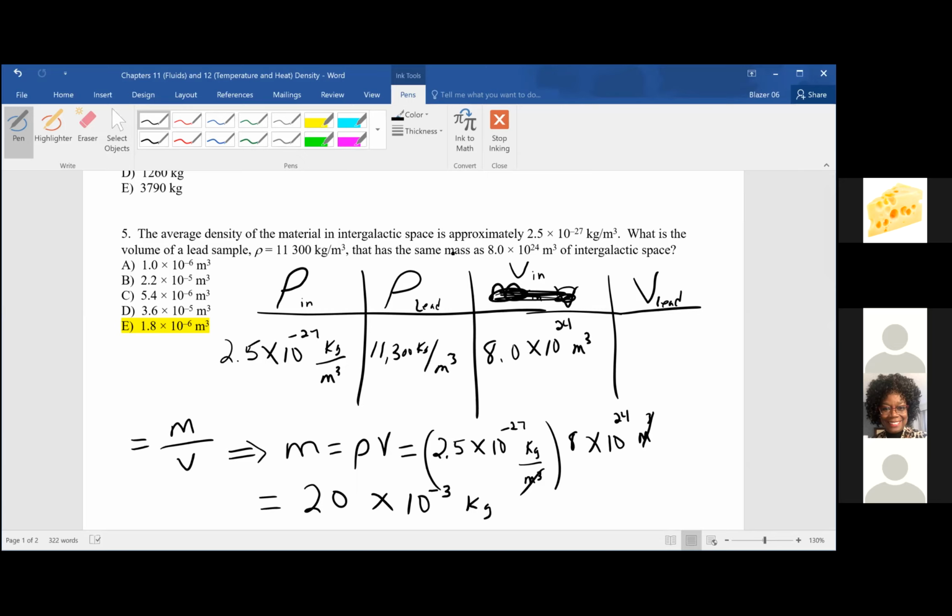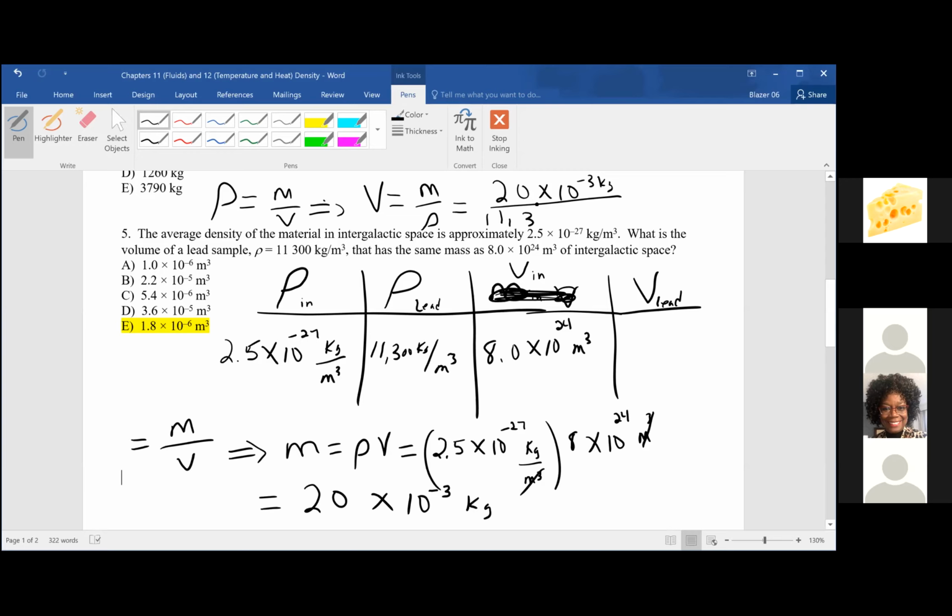So now let's go up here and say, okay, I know that density is mass over volume, and that implies that volume is going to be what? Mass divided by what? Density, right? So now we know our mass. Our mass is 20 times 10 to the minus 3 kilograms. And the density of lead, it says, is 11,000.